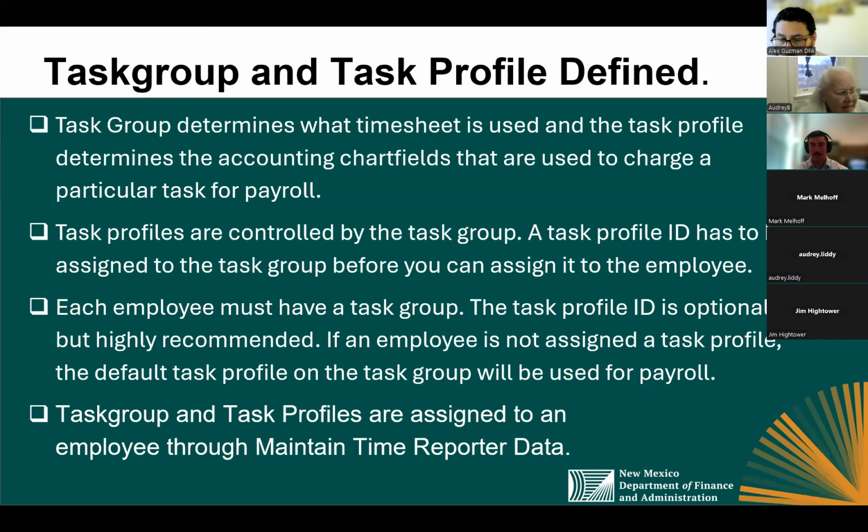But maybe I want to change it from central payroll to 100% gen fund, because then I have a task group of DFA, and say I have financial control division that's also 100% gen fund, and I have ASD that's also 100% gen fund.